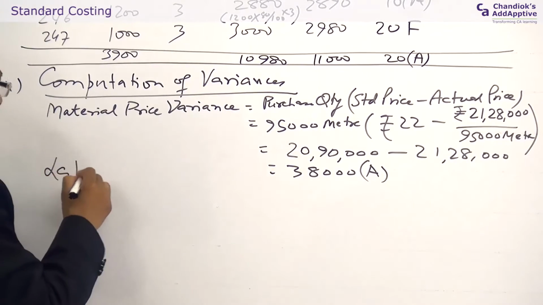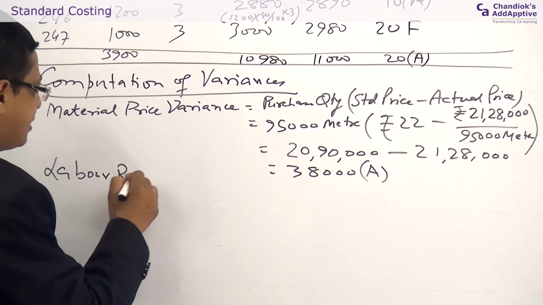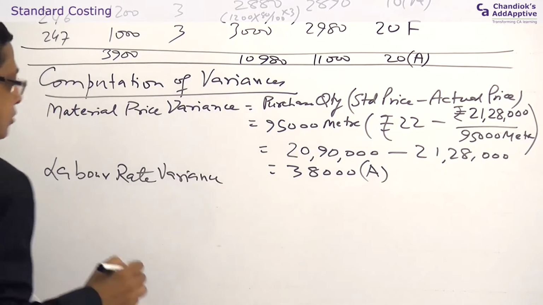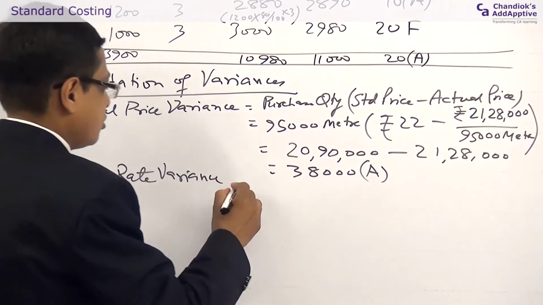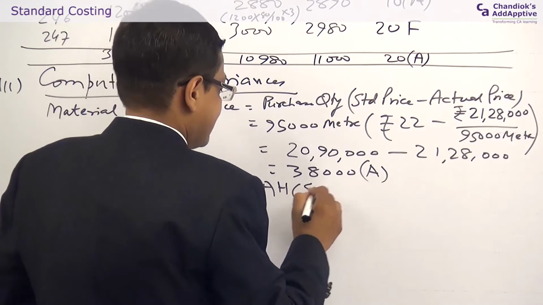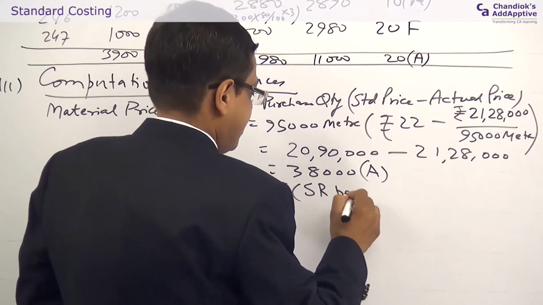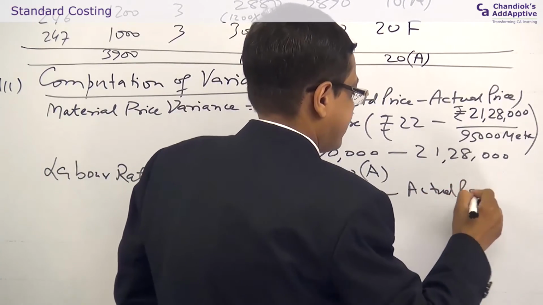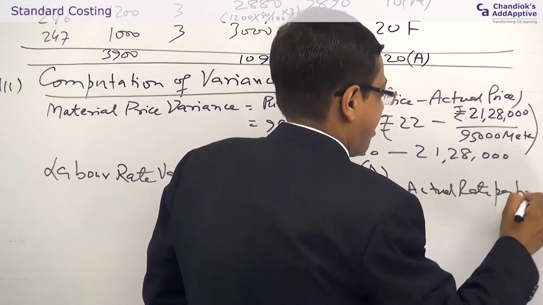Now, the question asks you to find out the labor rate variance. The formula is already known to you: actual hours into standard rate per hour minus actual rate per hour.